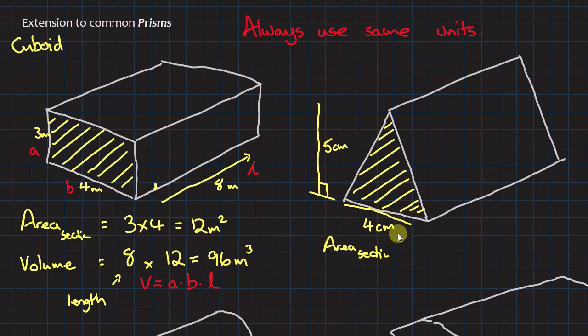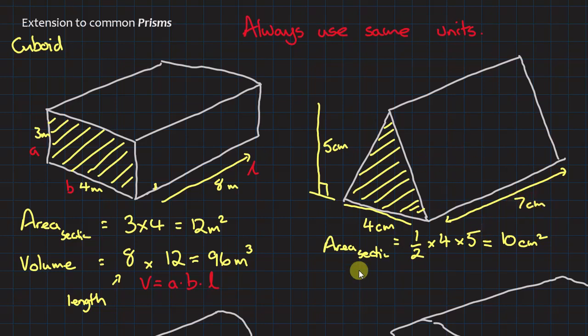So the area of my cross section, area of a triangle, is 1/2 times the base times the height. 4 times 5, 20, times 1/2, 10 centimeters squared. And to turn that into a volume, I need to allow for the length going backwards, and let's say 7 centimeters.